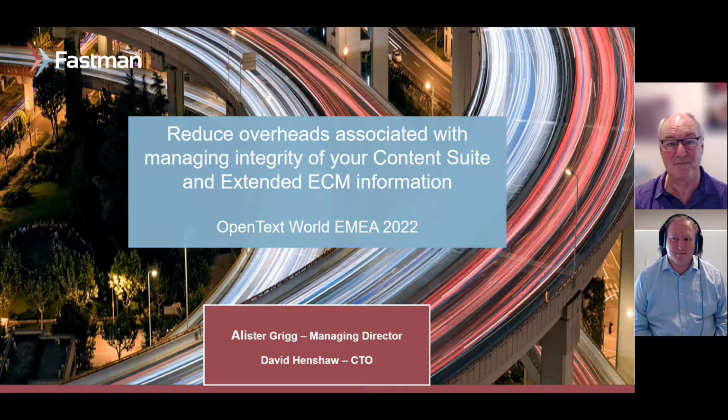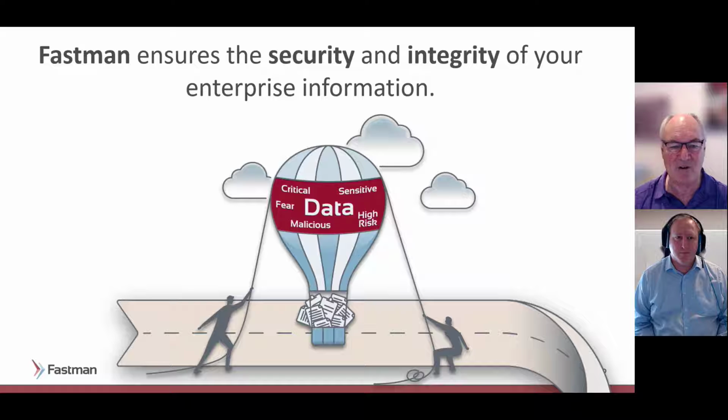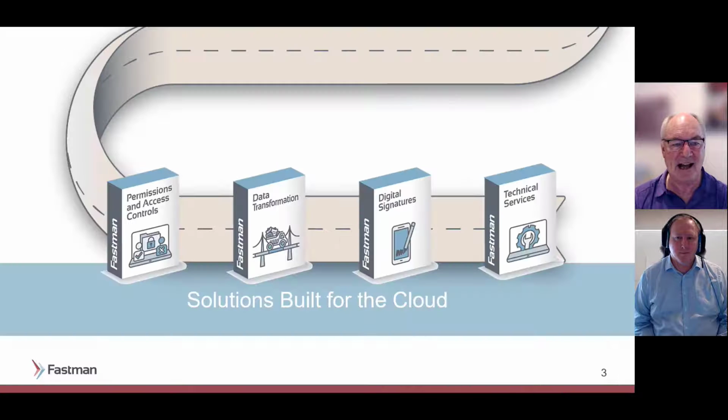Let's get into it. Fastman has evolved over the years to become focused in our product sense on security and integrity of information management, or enterprise information, I should say, which can mean a lot of things to a lot of people. But in our world, it means really three or four fundamental things.